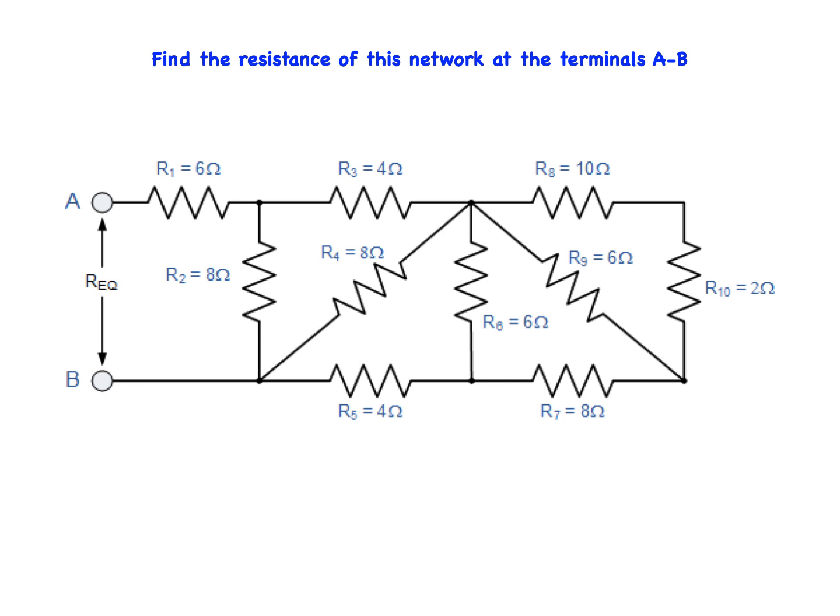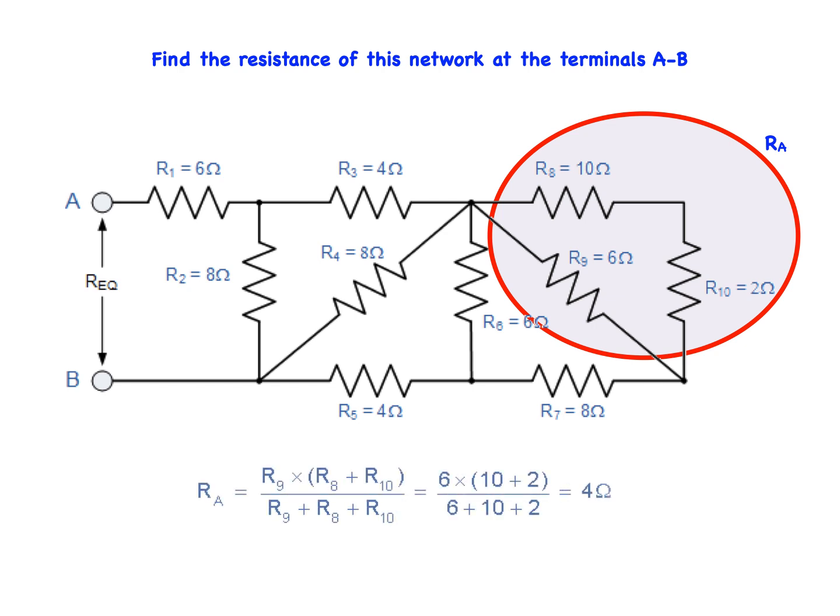find the equivalent resistance of R8 and R10 combination and call it RA, which can be replaced by one resistor, which is equal to R8 in series with R10, which are in parallel with R9.